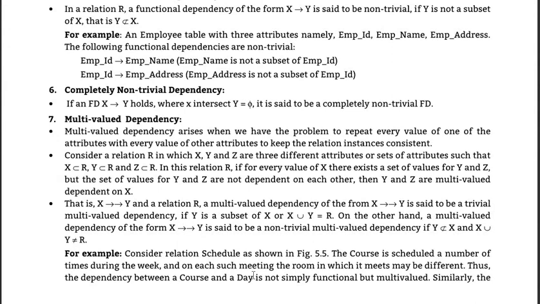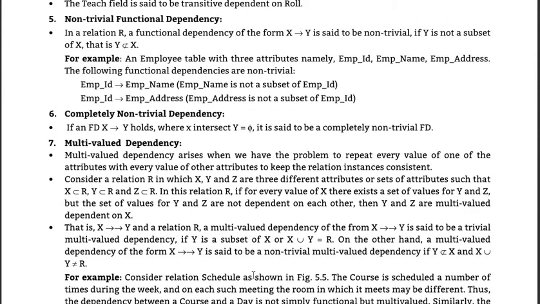Consider a relation R in which X, Y and Z are three different attributes or sets of attributes, where X is a proper subset of relation R, Y is a proper subset of relation R and Z is a proper subset of relation R. Here that symbol denotes proper subset.